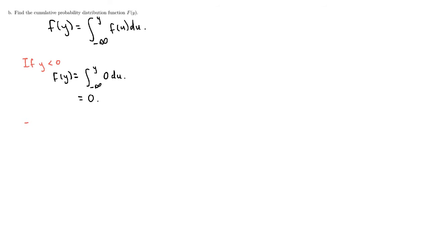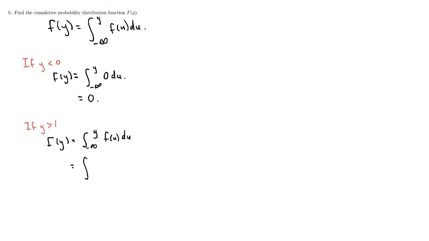Now, if we have a look at if y is greater than 1, we will get that F of y, which is equal to the integral from minus infinity up to y of f of u du, where we can split that up.